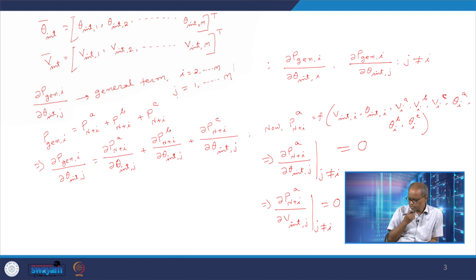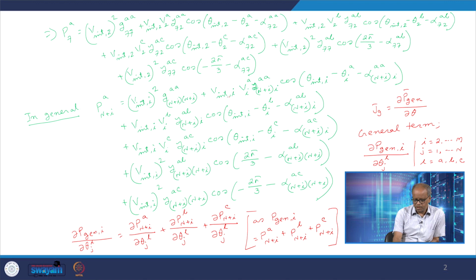Now which elements will exist? Obviously del P n plus Ia by del theta internal I will exist. From here, del P n plus Ia by del theta internal I is given by, of course, v internal I, and it will only consist of this term and this term.